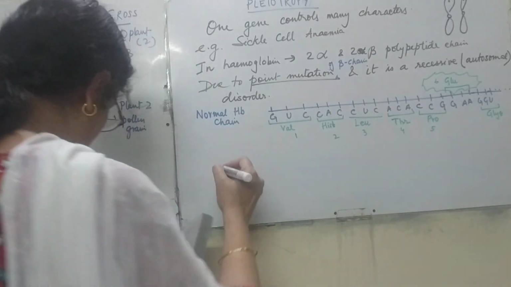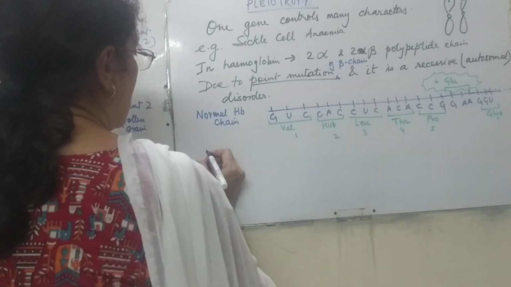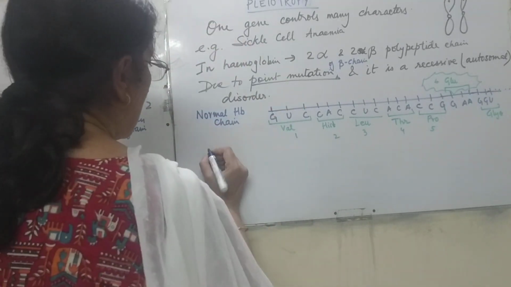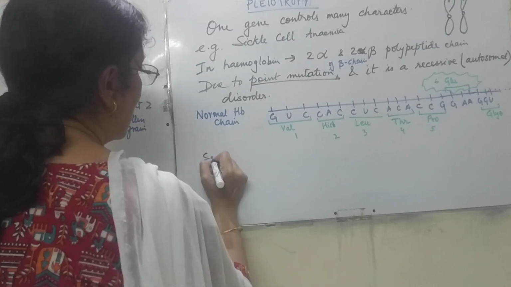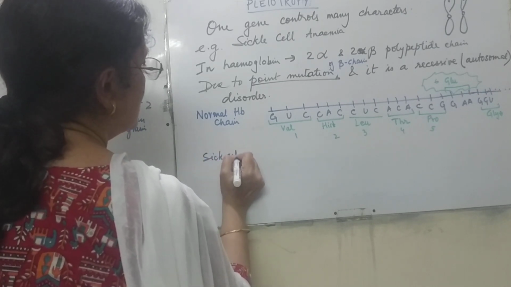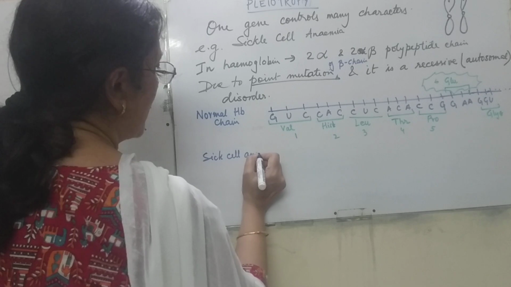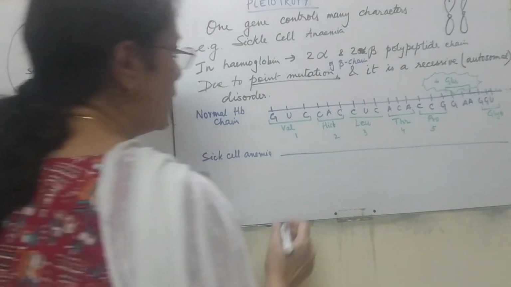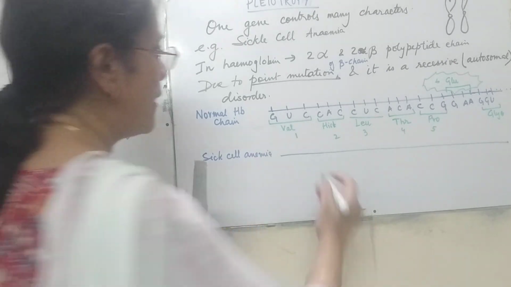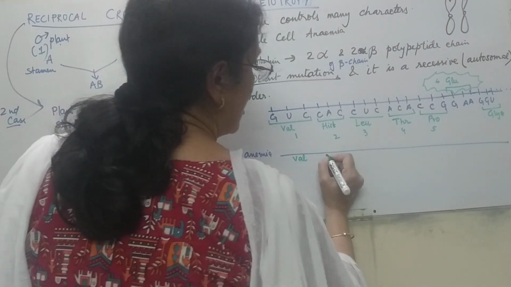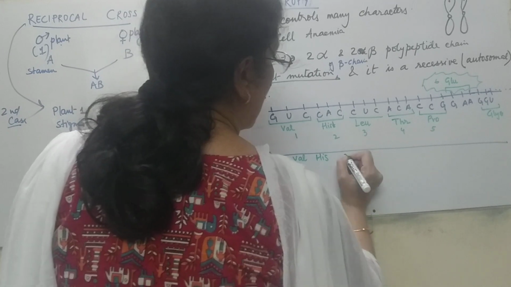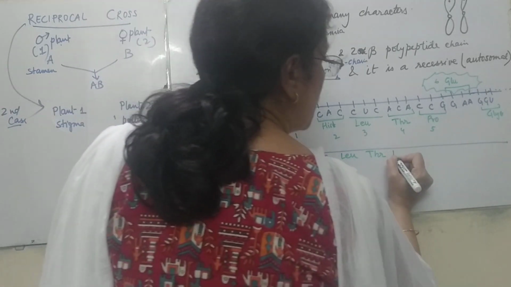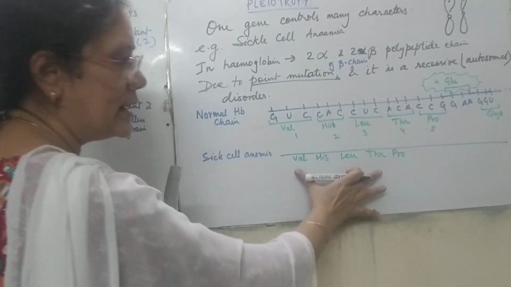What happens in a point mutation, in sickle cell anemia? This entire structure is the same. That means valine is there, histidine is there, leucine is there, threonine is there, proline is there. Till here it is all the same.